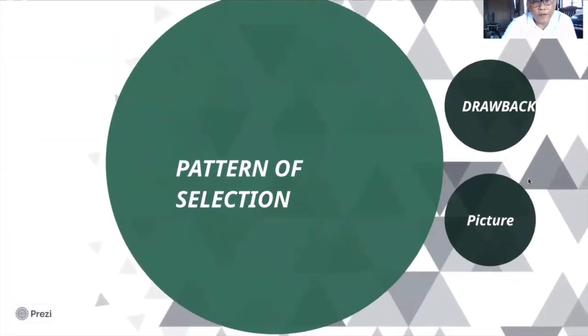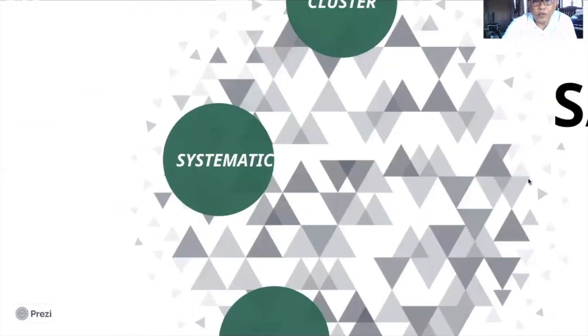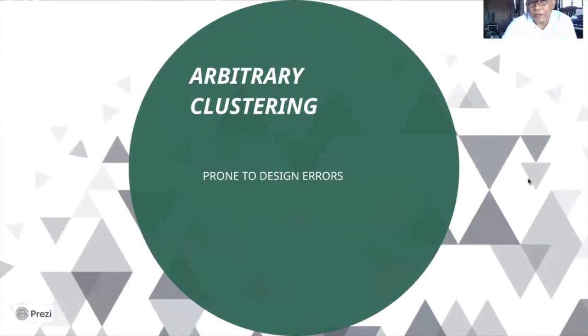So the next that we have to consider is that sampling could also be used in cluster sampling. And in a cluster sampling, we have what we call as arbitrary clustering, wherein you cluster your population into smaller groups, and the sampling will be done by cluster.